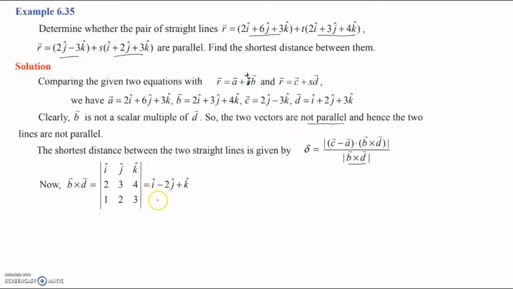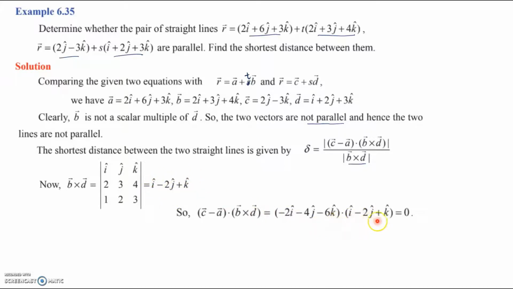If you do not know how to solve a determinant, you can always check my video on determinants. Next, substituting this value of b cross product with d onto the numerator first, we have vector c minus vector a. When we subtract them, you get this dot product with our b cross product with d.